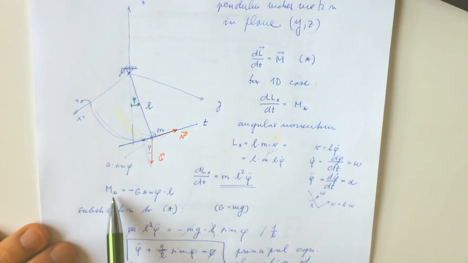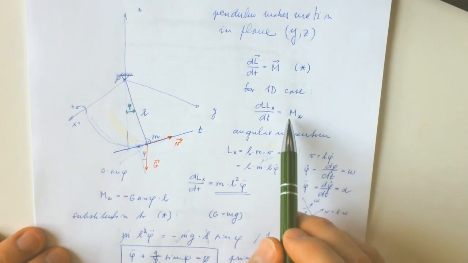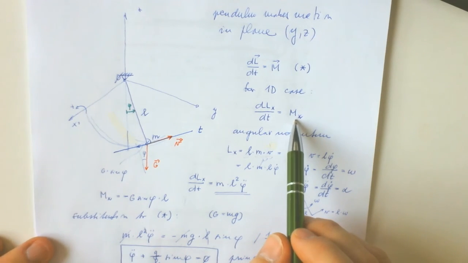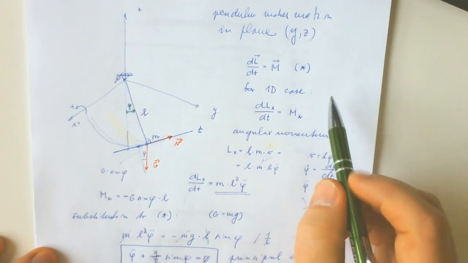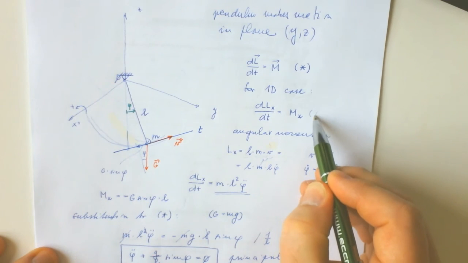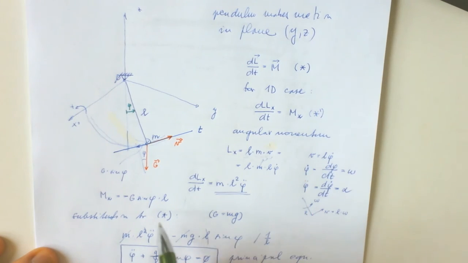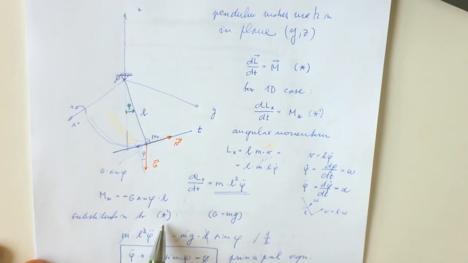Okay, so we have the right side of the equation, and we can substitute into this equation, star with prime.